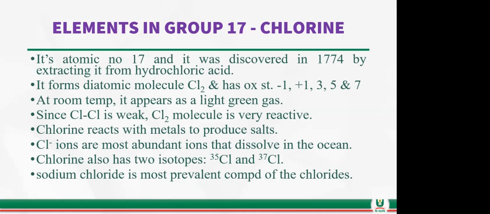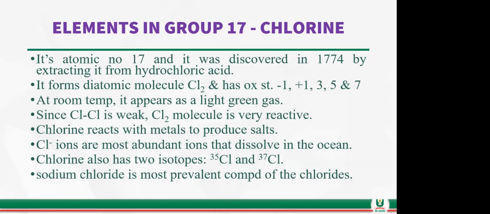This is because it now has a low-lying d orbital that is ready to receive electrons if there is an excitation of electrons. But if you look at fluorine, fluorine does not have energetically available d orbitals. Therefore, fluorine cannot expand beyond the octet in its compound forms. But chlorine can do that.